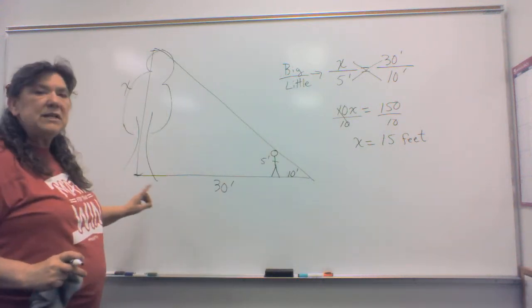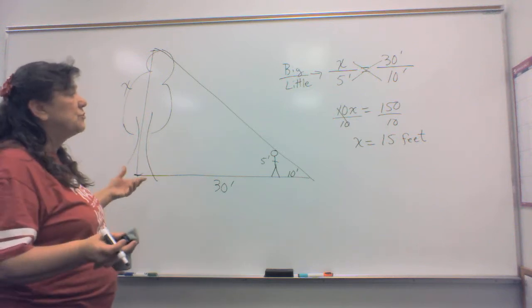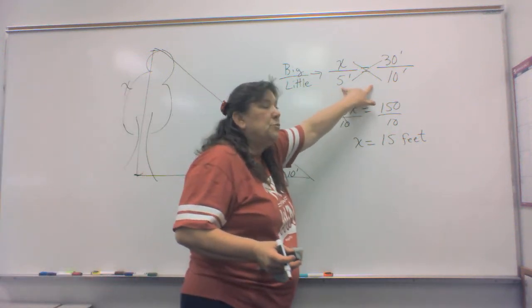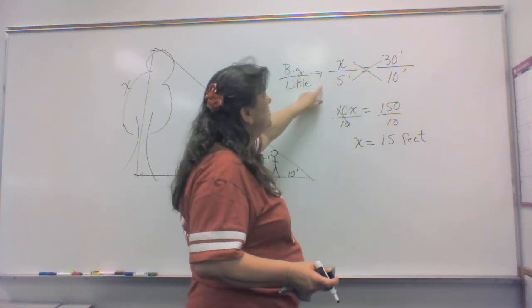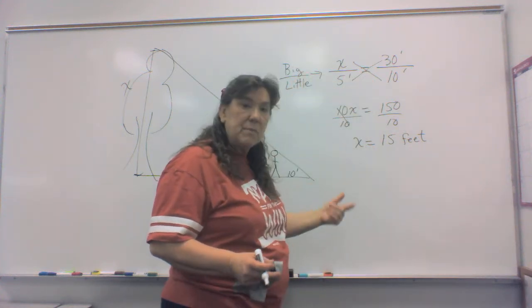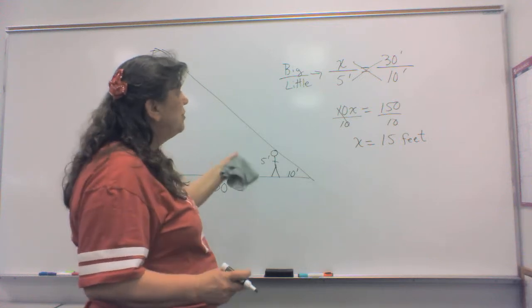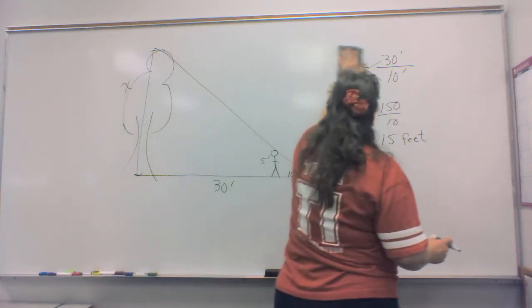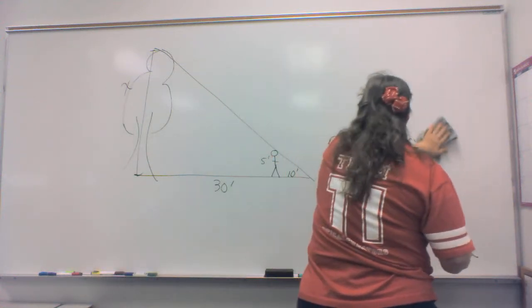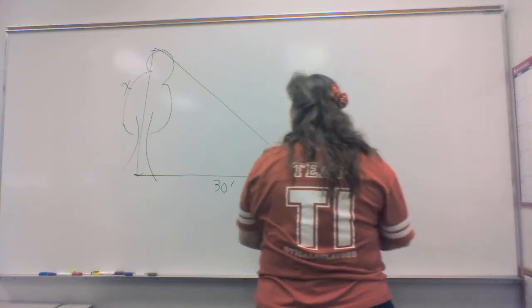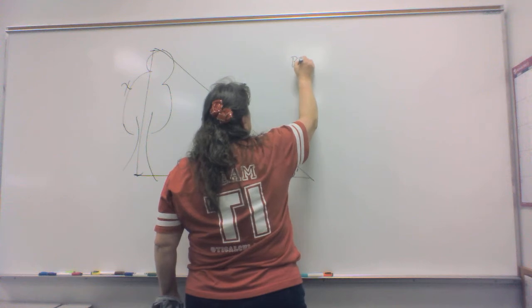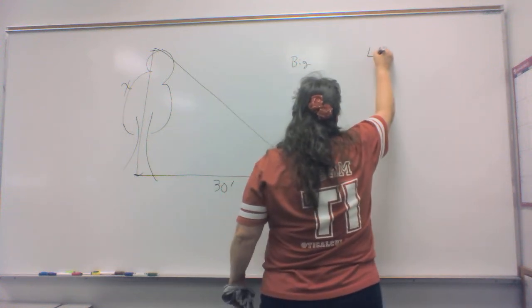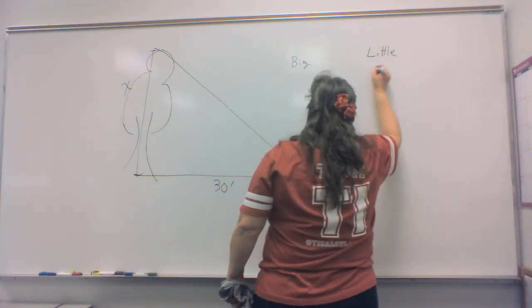So as you can see, we can use ratios that make up two ratios equal to each other, make a proportion, and as long as we keep the same thing in correspondence, we're okay. We could have also done it this way. We could have just done big triangle to little triangle and had big to little in this direction.